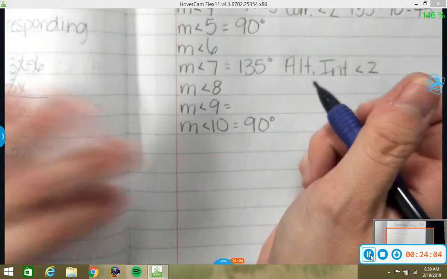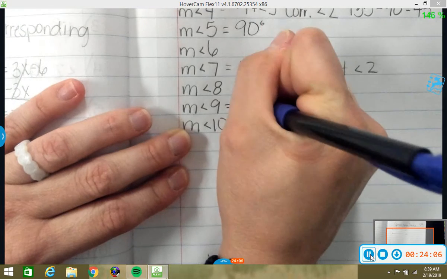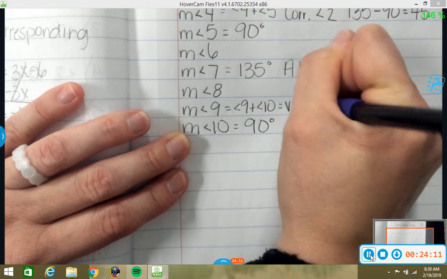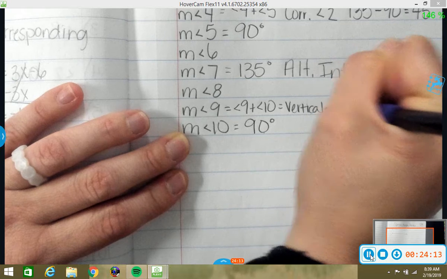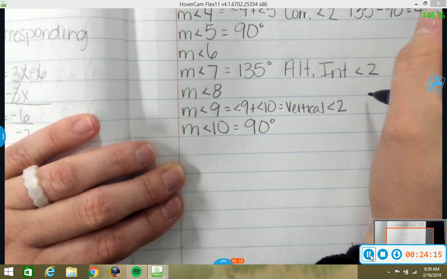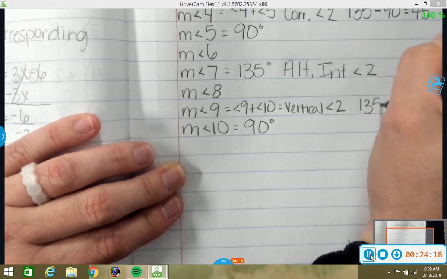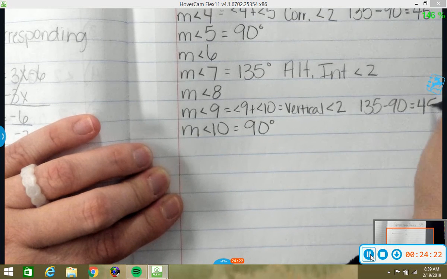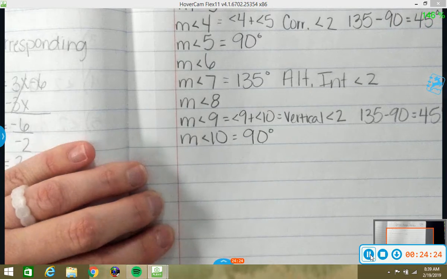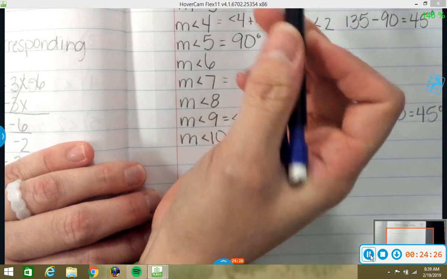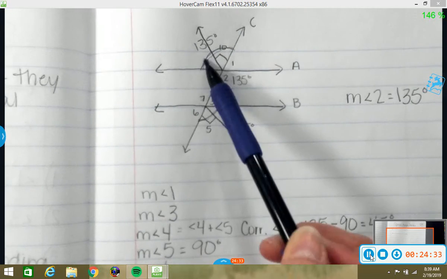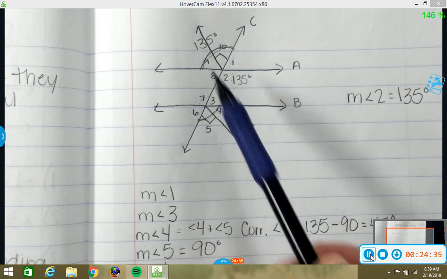So we'll say angle 9 plus angle 10 is vertical to angle 2. So we'll say 135 minus 90 gives us what? 45 degrees. You could have also said that it's alternate exterior, angle 9 and angle 4. You could have also said that.